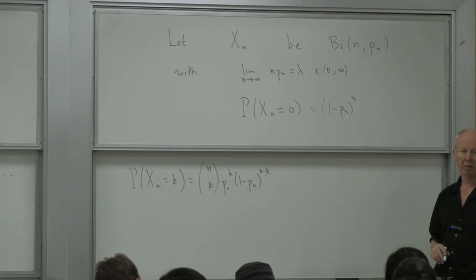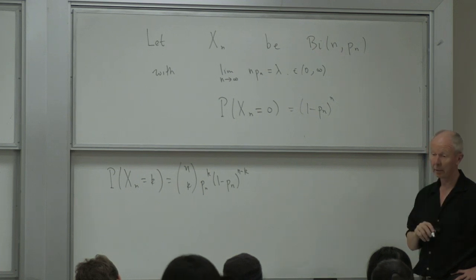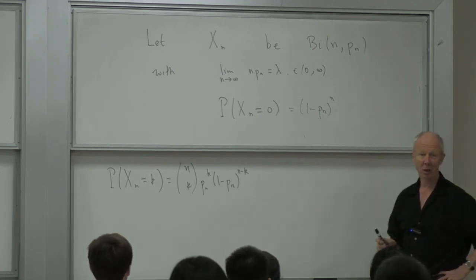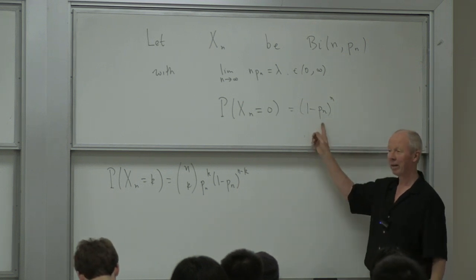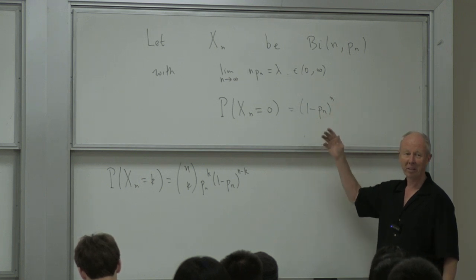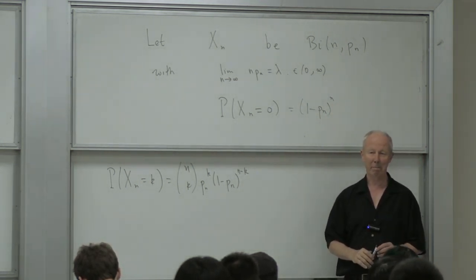And now what happens to that as n goes to infinity? Well, there's a delicate balance here. This number is less than 1, right? And we're raising it to a power n. If you raise a number less than 1 to a power n, it goes to 0, right?